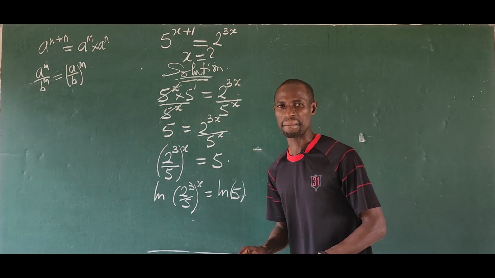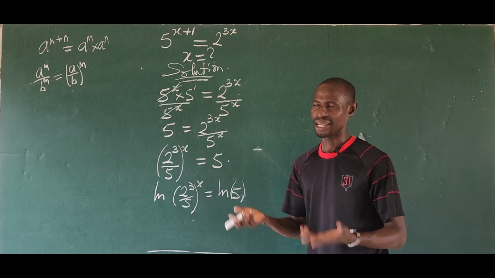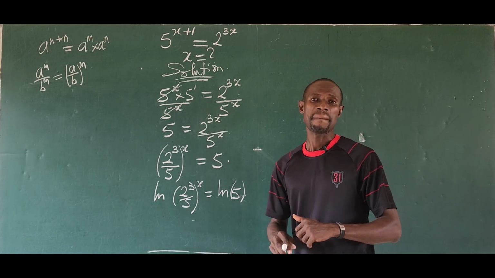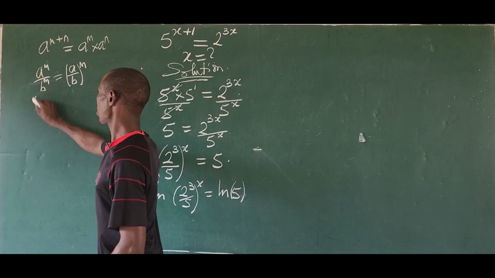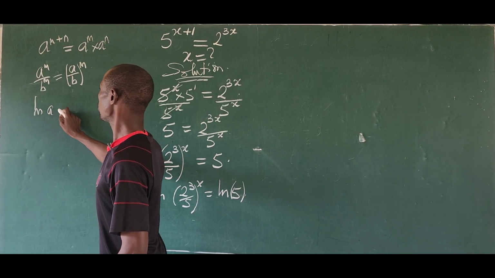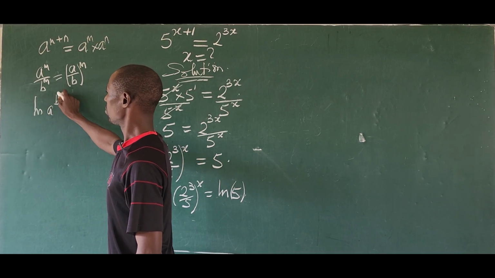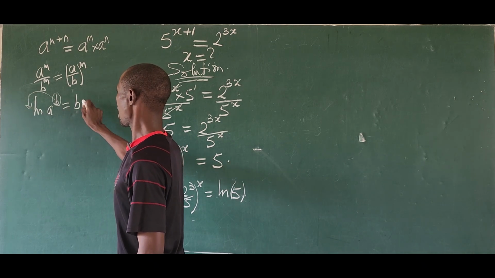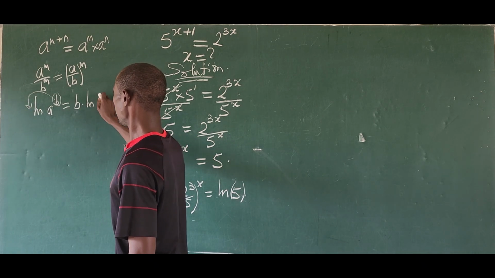Here comes the property of logarithm we're going to apply, the power law of logarithm, which says that when you have the ln of a to the power of b, move this b to the front. So this is going to give b times the ln of a.